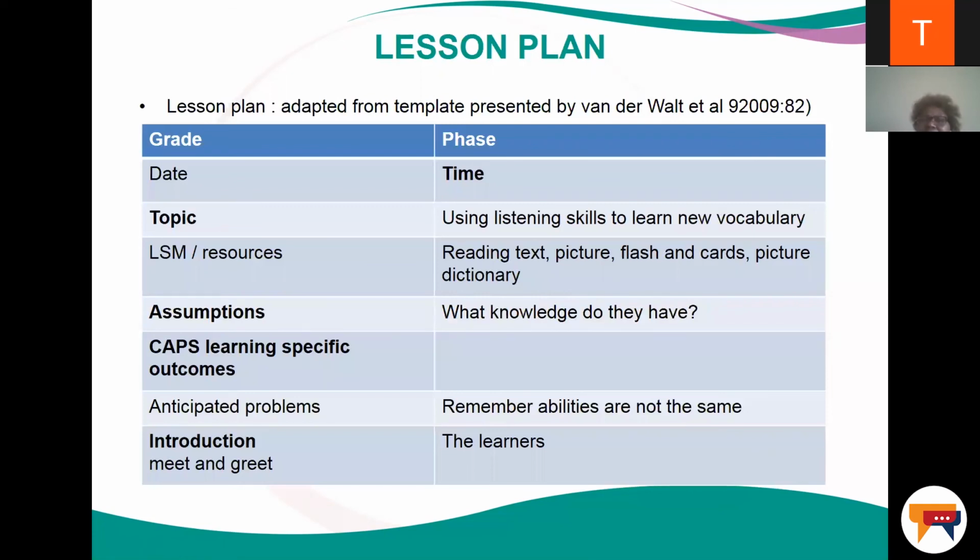The topic must be the language aspect that you are developing, for example, using listening skills to learn new vocabulary. Even if I'm reading The Lion and the Hare, or any other book, the topic can be that.